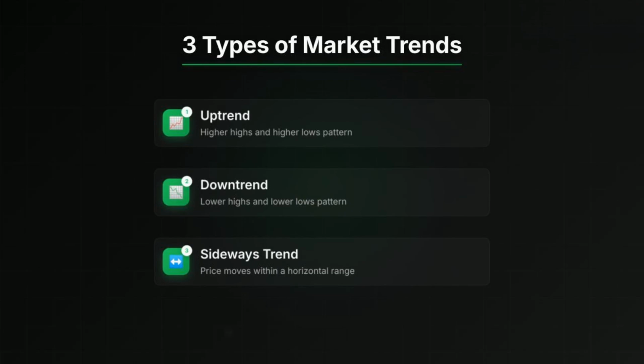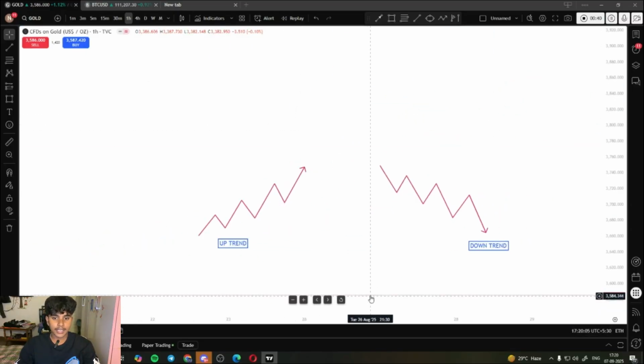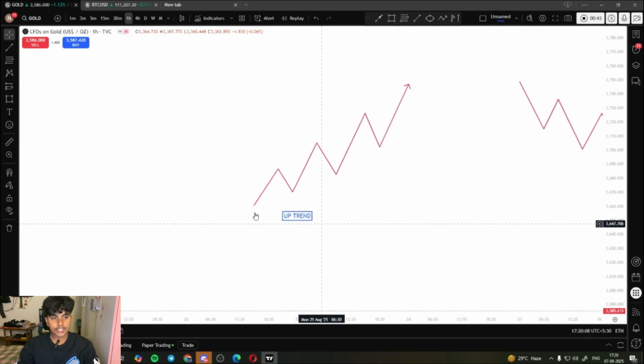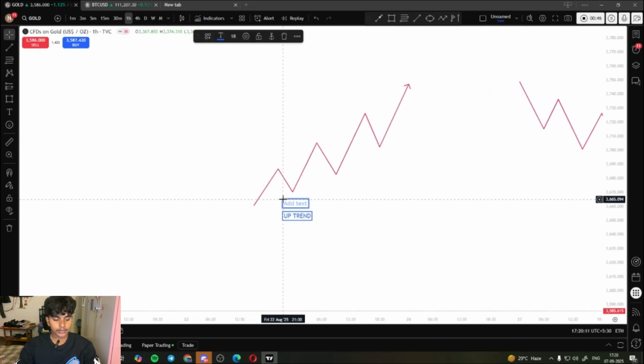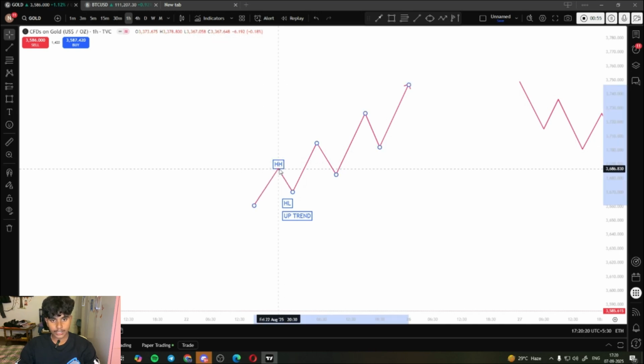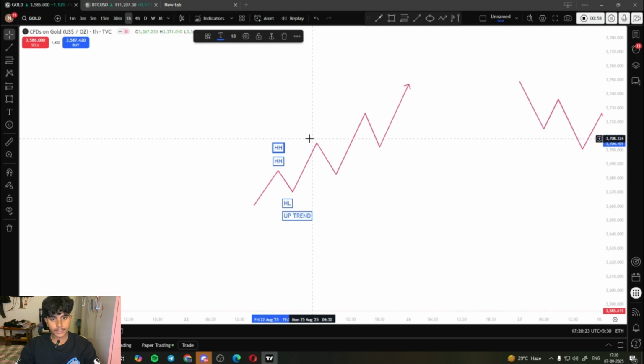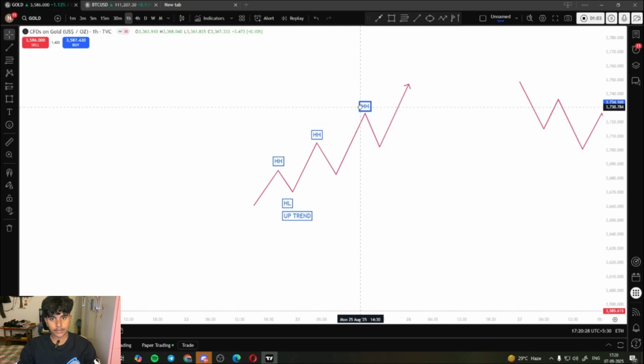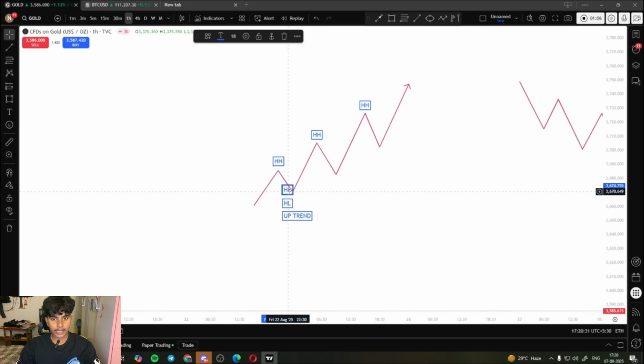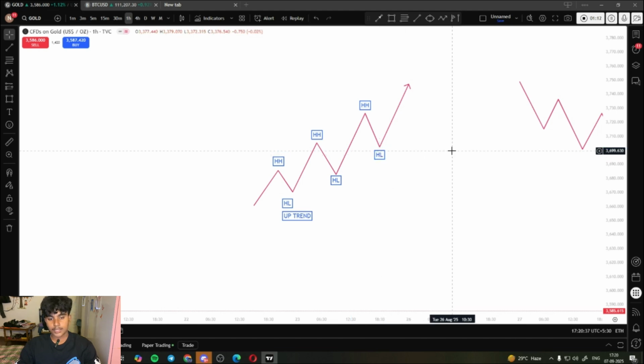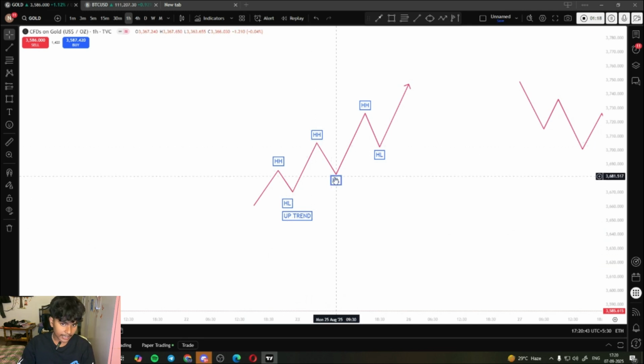The first is an uptrend, in which the market is forming higher highs and higher lows, forming a new higher high and then a new higher low. An uptrend is simply the market forming higher highs and higher lows, again and again.